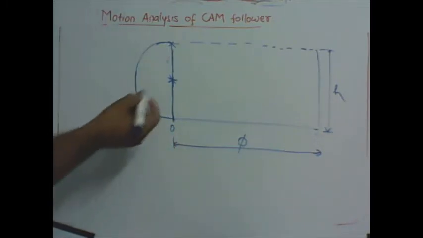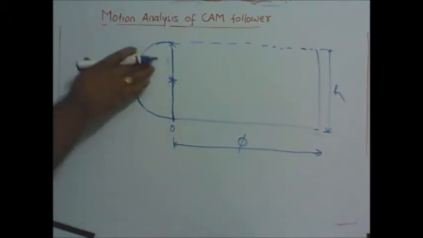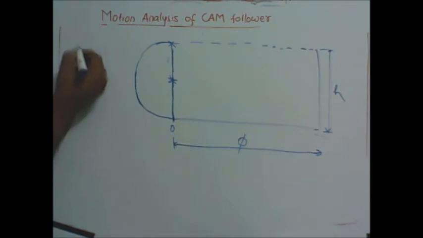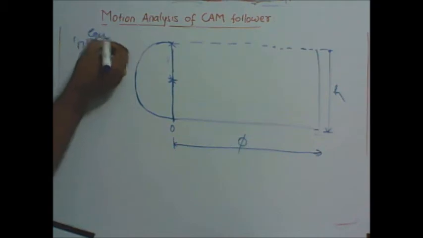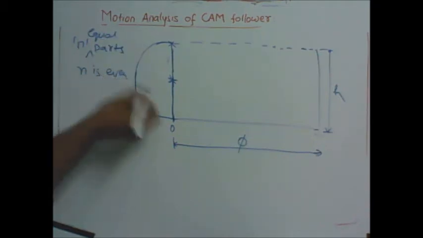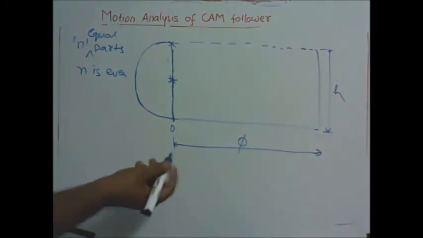Okay, now we will divide this harmonic circle and this phi axis into n equal parts, where n is even. So let us divide into 6 parts.